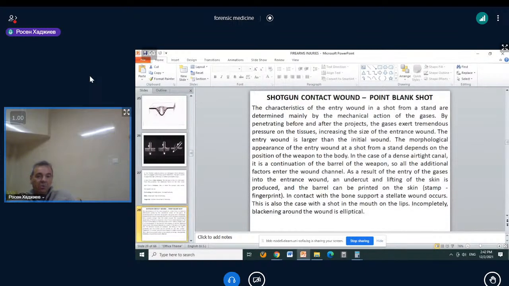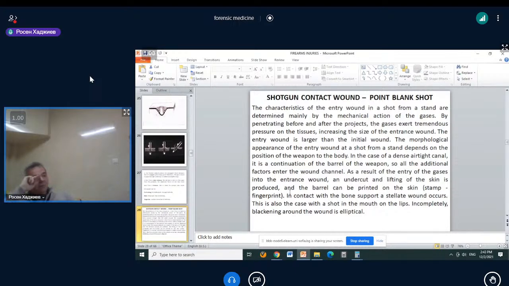Shotgun contact wound, point blank shot. The characteristics of the entry wound in the shot from a stand or point blank injury are determined mainly by the mechanical action of the gases. In these cases, the wound canal is a continuation of the canal of the barrel of the weapon.